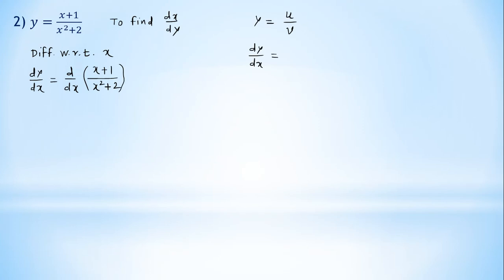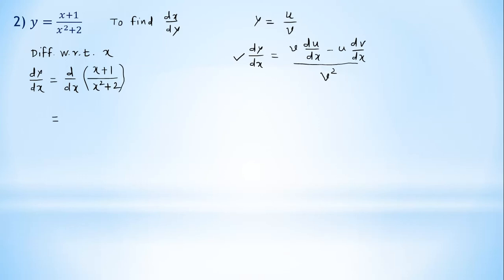It is v into du by dx minus u into dv by dx upon v square. So this is our rule. If the function is given in this quotient form, means numerator upon denominator form, then we have to use this rule, remember.